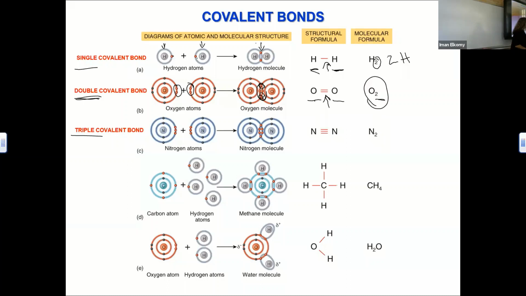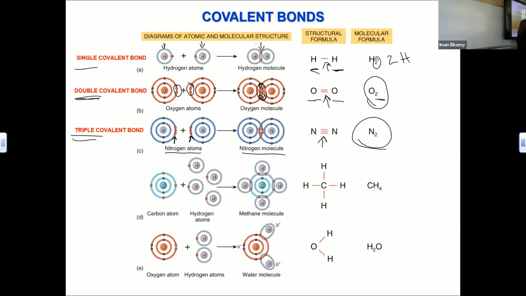Okay, triple covalent bonds. I've got 3 here, 3 here. Those are my nitrogen atoms. They want to share, so they form a triple covalent bond, forming a nitrogen molecule. There's that triple bond indicated, and here is my molecular formula.